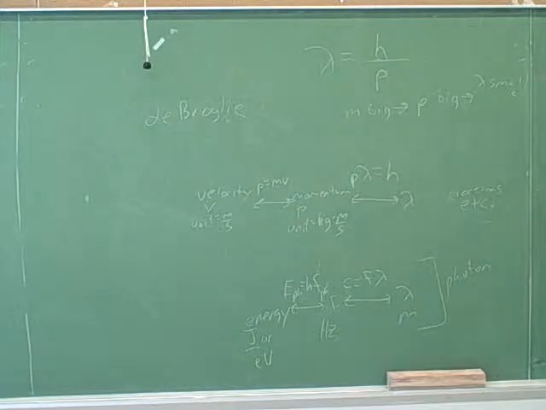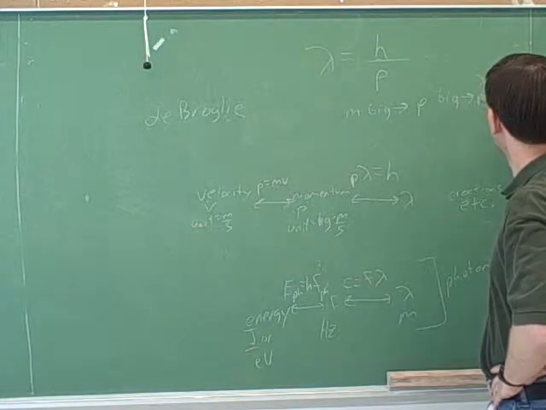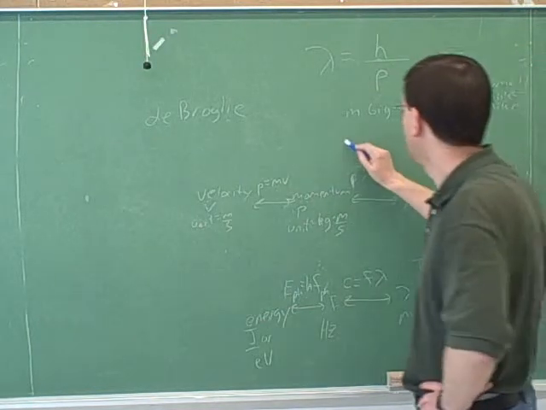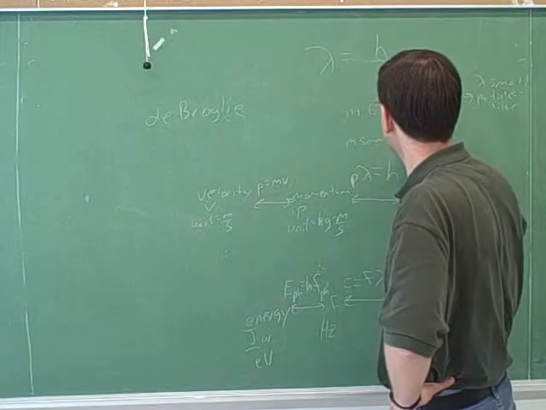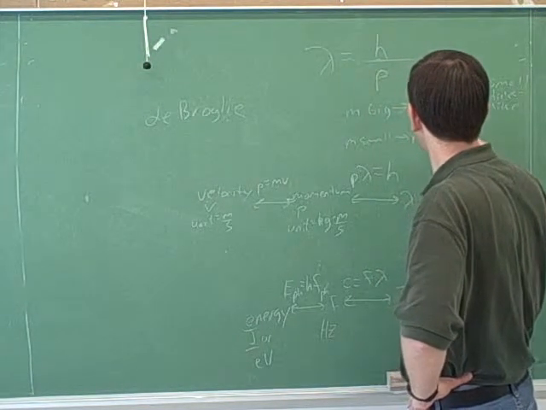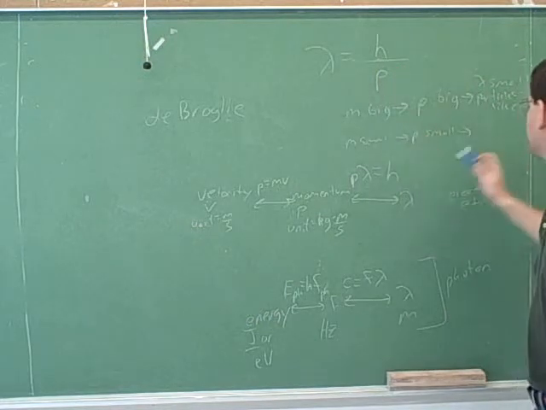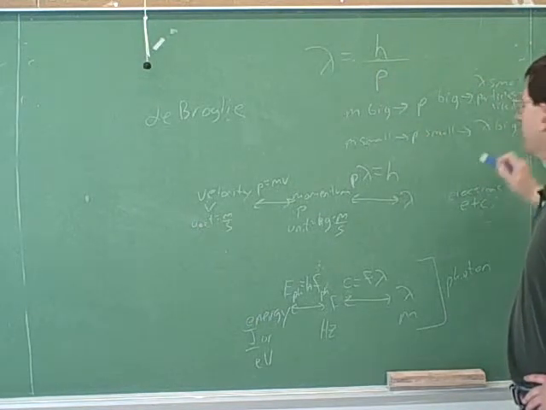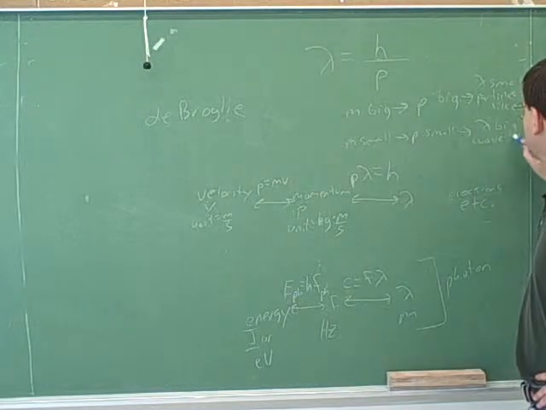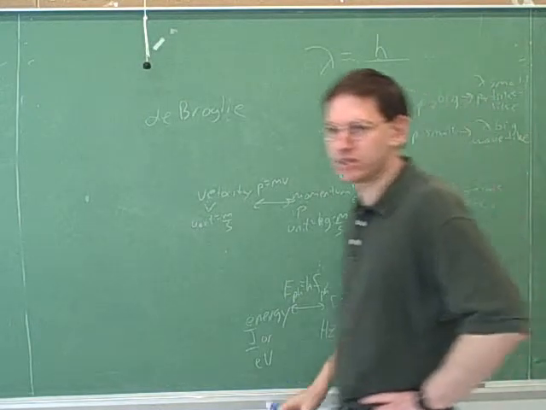That means your wave characteristics are not important. It means you behave like a particle. Good. It's particle-like. On the other hand, if your mass is small, then your momentum would be small. Well, a small denominator here would give us a big lambda. And we said that big wavelengths mean that you're very wave-like. Your wave characteristics are important.